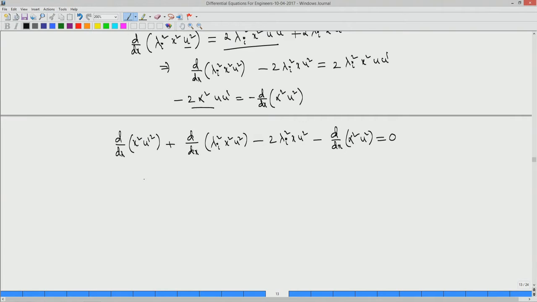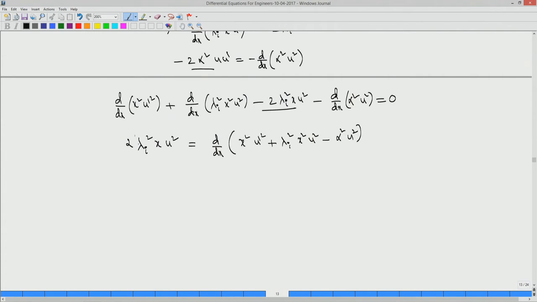So, derivatives, you put it together. What you have is this, you take it to the other side. So, you have lambda_i squared x u squared equal to d/dx of x squared u' squared plus lambda_i squared x squared u squared minus alpha squared u squared.